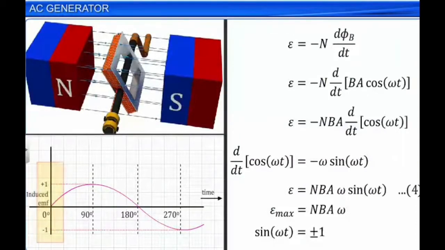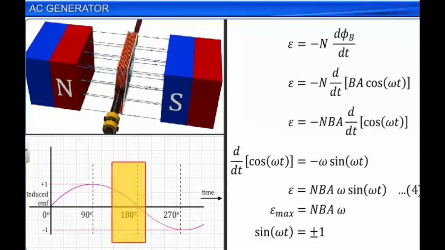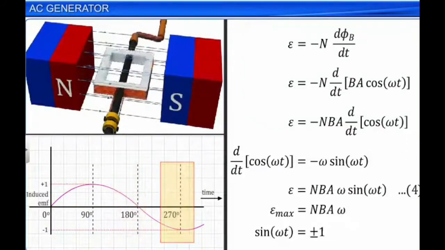And this maximum value is possible at the values of omega t 90 degree and 270 degree. When omega t equal to 90 degree, sin omega t is plus 1, and when omega t equal to 270 degree, sin omega t is negative 1.